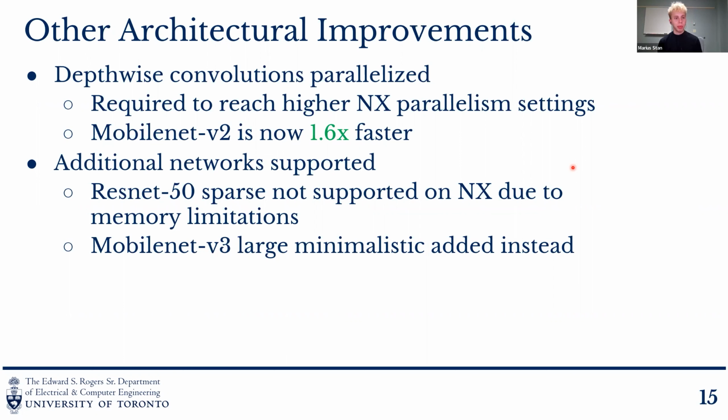So we had to implement output channel parallelism support for Depthwise convolutions. There's no input channel parallelism support, as for Depthwise convolutions, each input channel or each filter has a depth of 1, essentially. But with output channel parallelism support, this increased MobileNet v2 performance in the baseline design, and also allowed us to use the multipliers on the Stratix 10 NX.